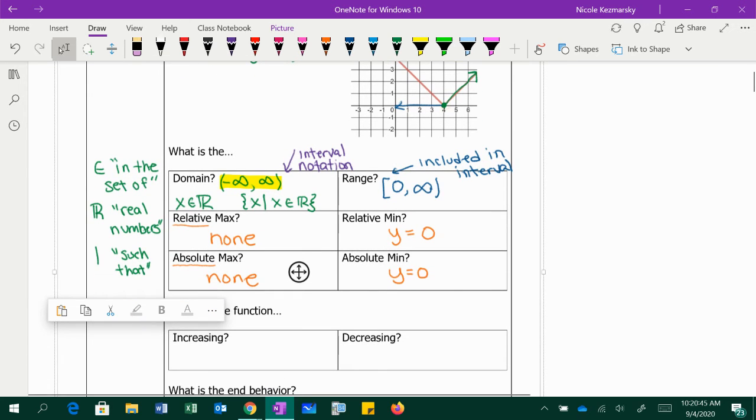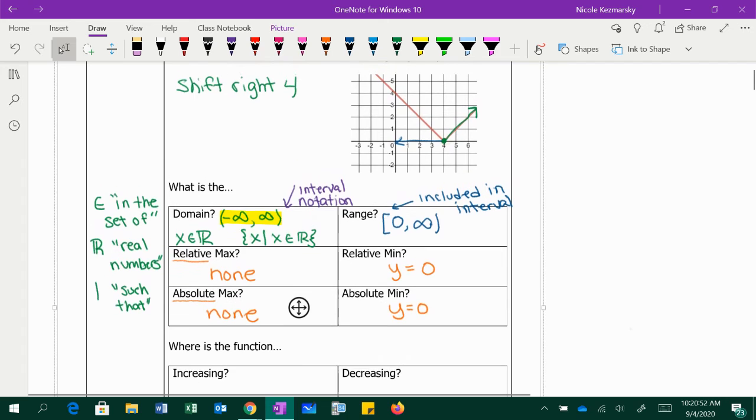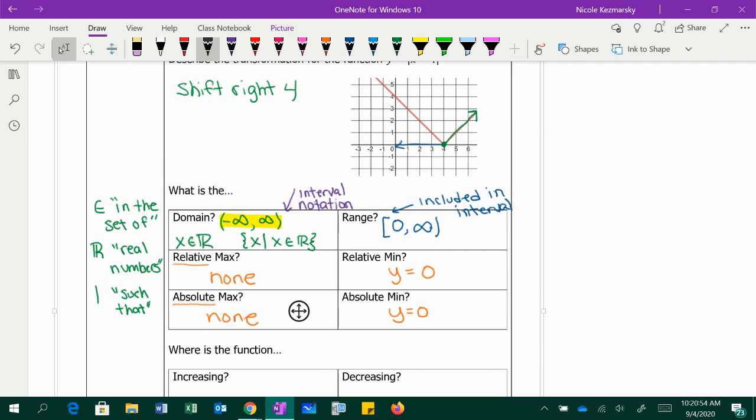Next, increasing and decreasing. So our max and min are going to help us determine increasing and decreasing. When you think of increasing and decreasing, if I go back up to my graph, I'm going to imagine that there's a person standing here on the top of the graph. There's my person. And this person is going to run, walk, slide, whatever you want this person to do along the absolute value graph. So when this person starts to walk, he's going downhill.